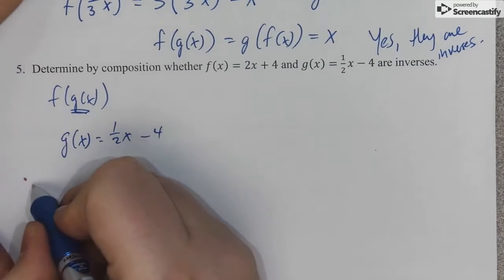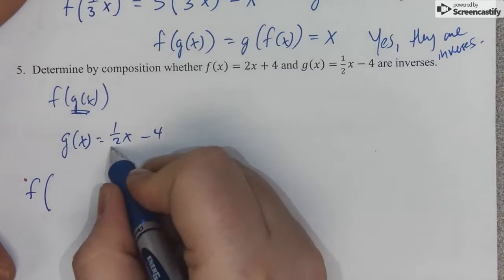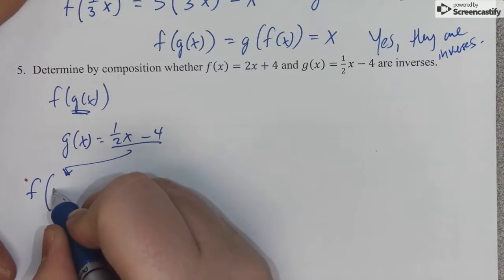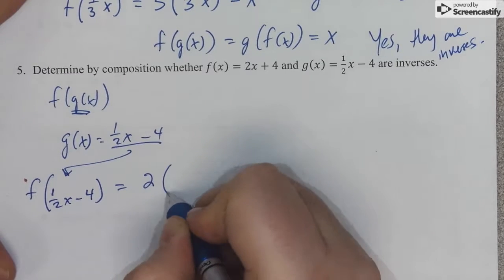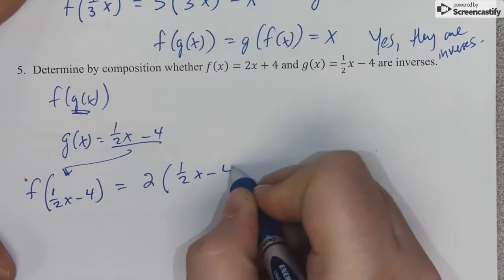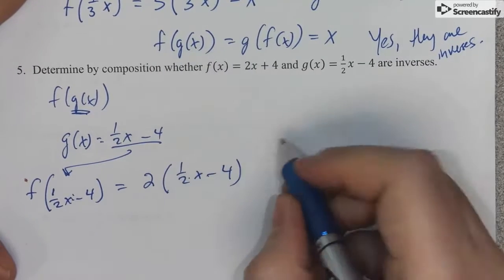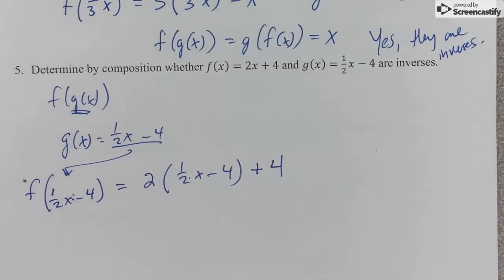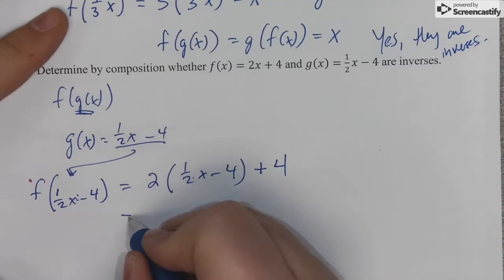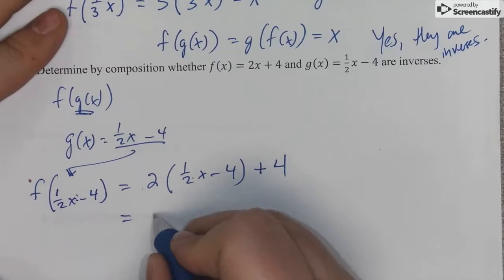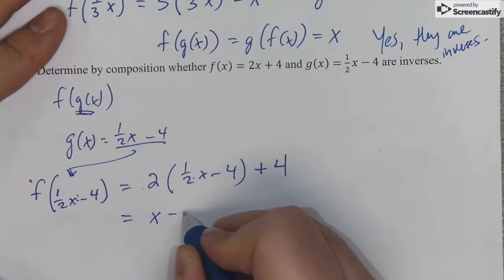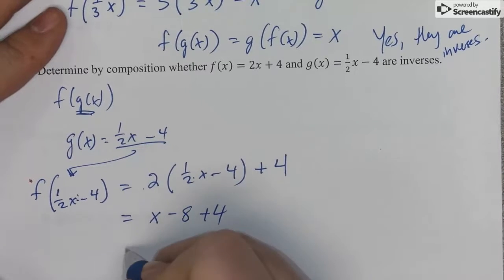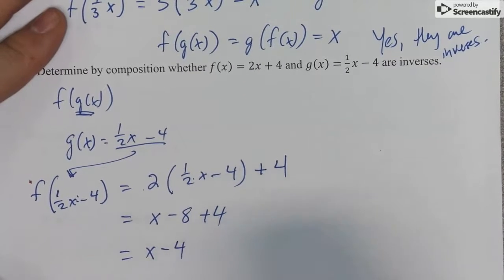Now I'm going to plug that into my function f, so f of 1/2 x minus 4 equals 2 times 1/2 x minus 4, just plugging this value in for x like we did with compositions. 2 times 1/2 x is just x. 2 times -4 is -8, plus 4. This is x minus 4.